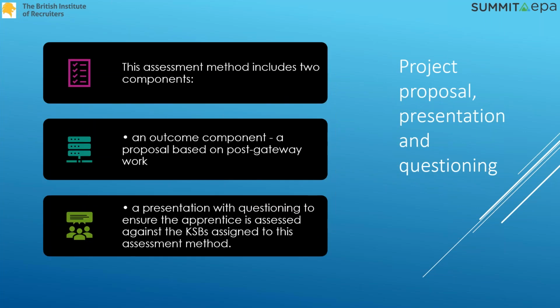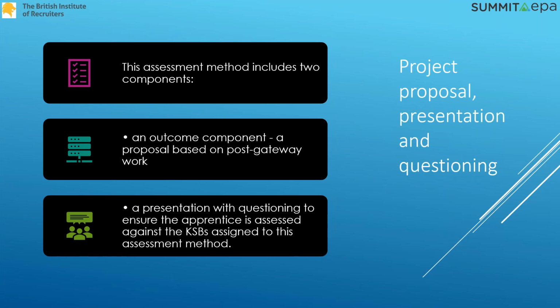The project proposal has really two assessed components. First of all, there's the outcome component. It's a proposal based on the post-gateway work. Once that work has been done during those 12 weeks, a presentation is then given with questioning to ensure the apprentice is assessed against the KSBs assigned to the assessment method.